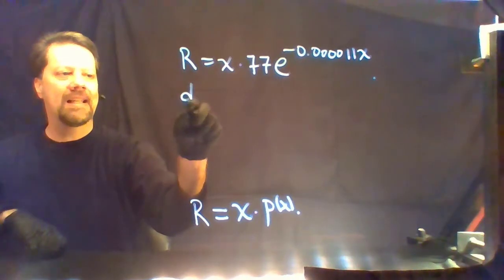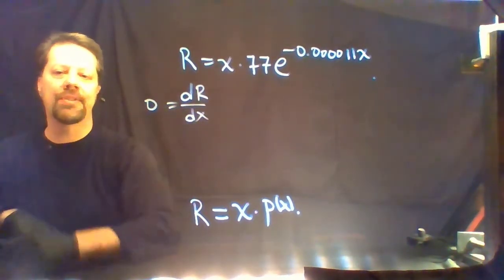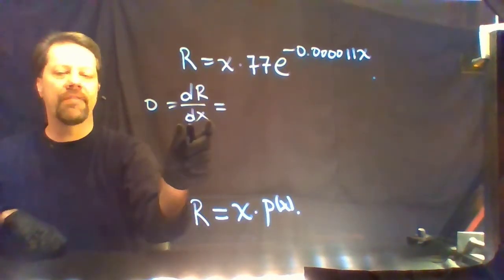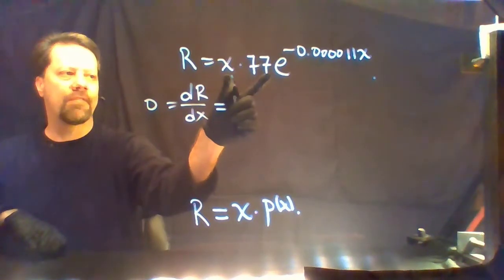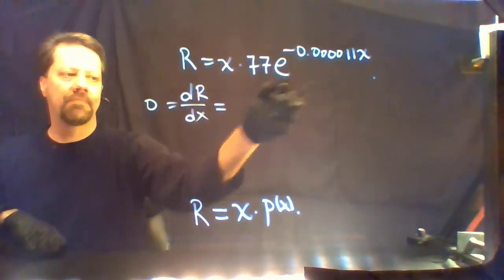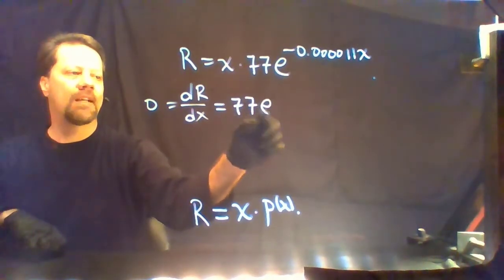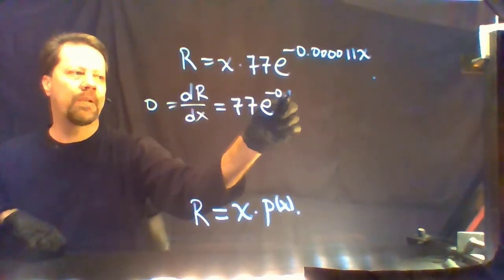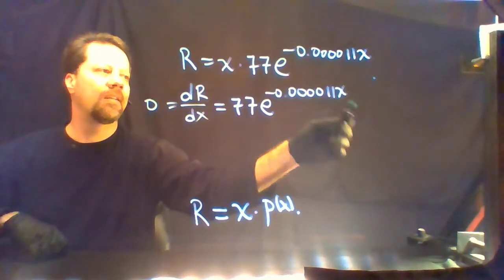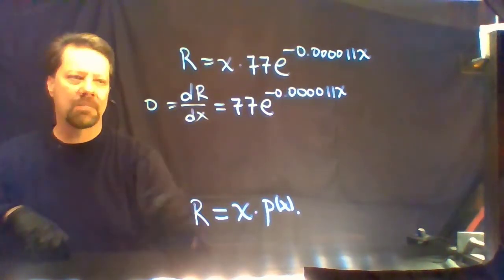Now, we need to calculate the derivative of the revenue function, set it equal to 0, and solve for X. To calculate the derivative of the revenue function requires the use of the product rule, since we have X here and then another X over there. Using the product rule, we'll have 77 times e to the negative 0.000011x plus this times the derivative of the next part.